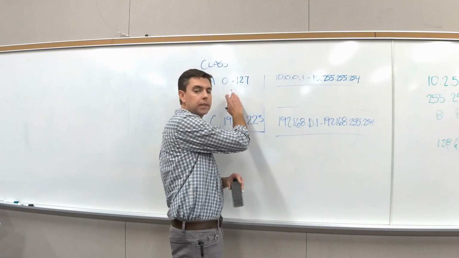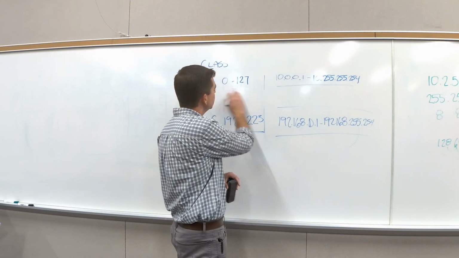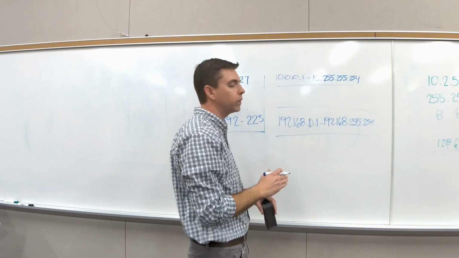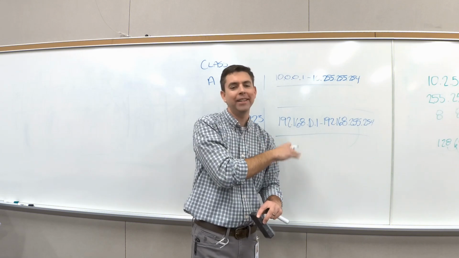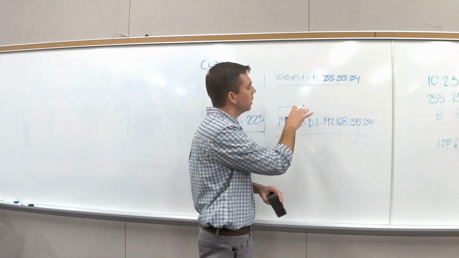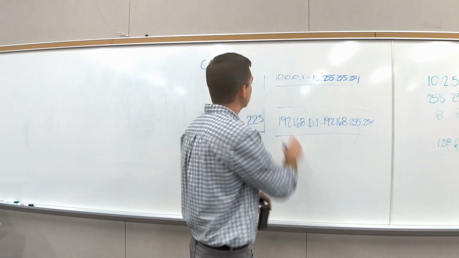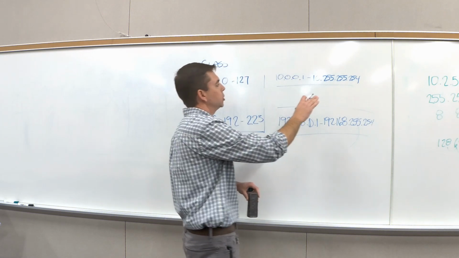So in an enterprise level network, you're going to usually see the Class A range because it has over 16 million. I think I may have said 6 million before. It's over 16 million available IP addresses in the Class A range.